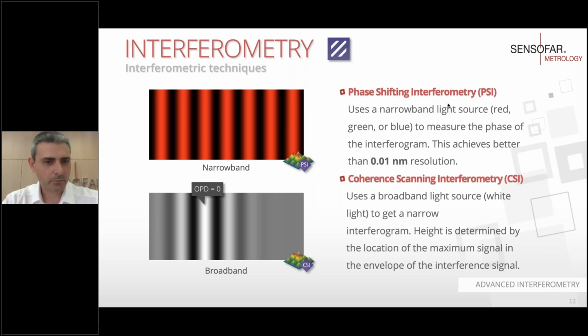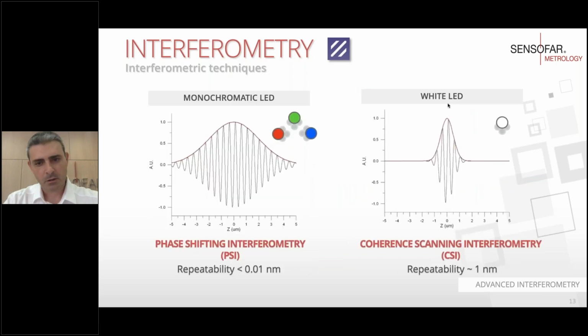In contrast, if we use white light from a white light LED, because of the properties of the light source, the interferences look like the ones we are seeing here, and then we use completely different mathematics and methods to reconstruct the three-dimensional information.